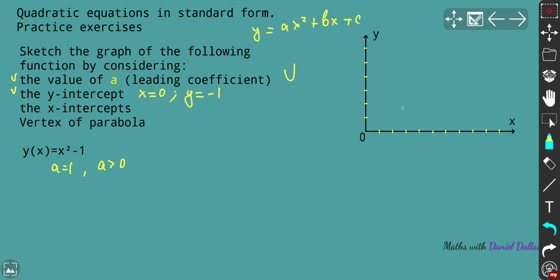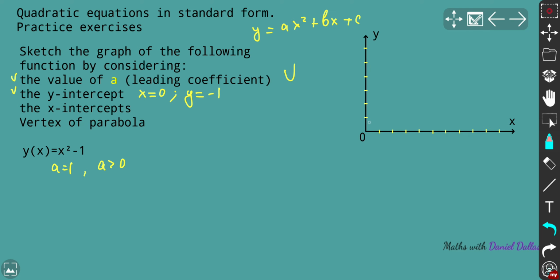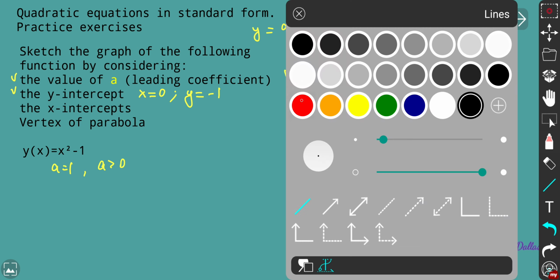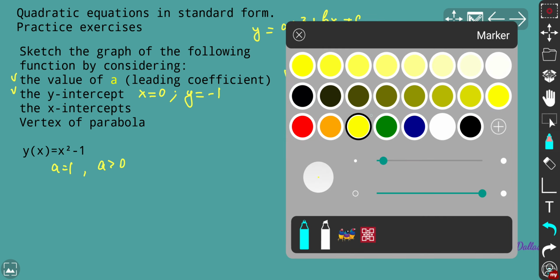So we just fix this point right here, and that's enough. This is negative 1 and this is the y-intercept. I just prolong the axis down, and we know that this is the point where the parabola crosses the y-axis. Okay, let's go next.